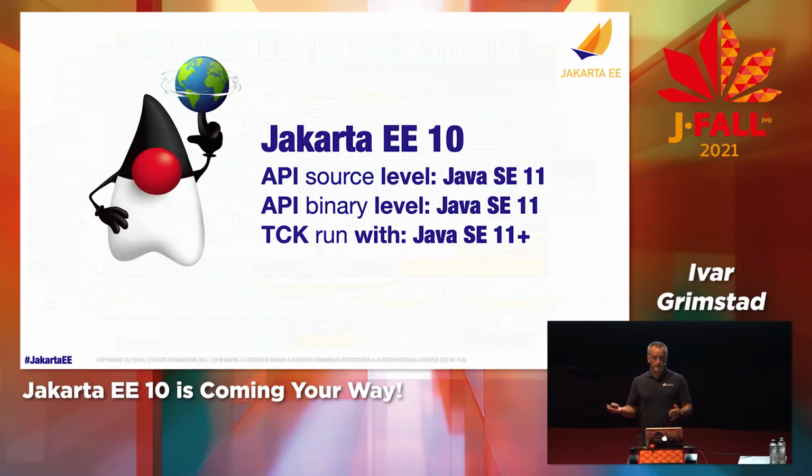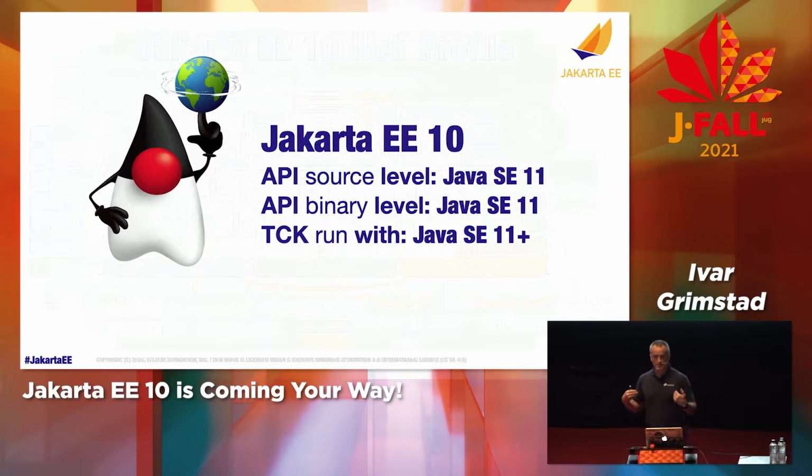That means that the API developers can use features up until Java SE 11. And also we're compiling the APIs to 11. But the TCK, we will make sure that it runs on Java SE 11 and 17. I don't think we will bother with the versions in between, but somebody will probably do it.